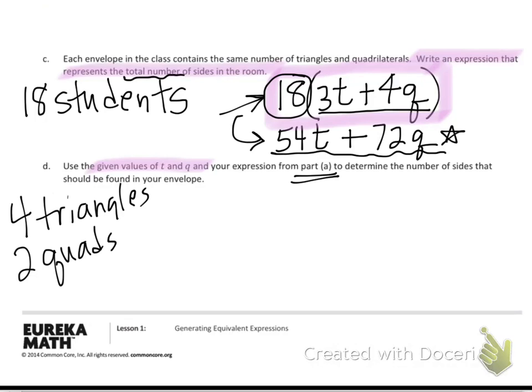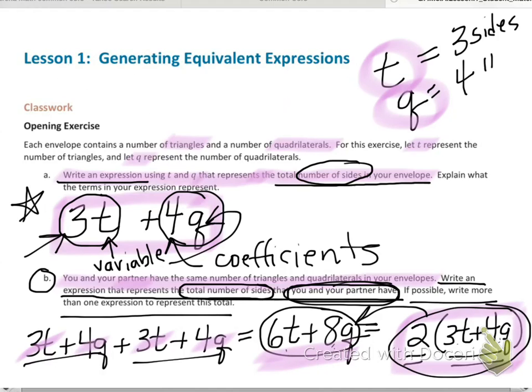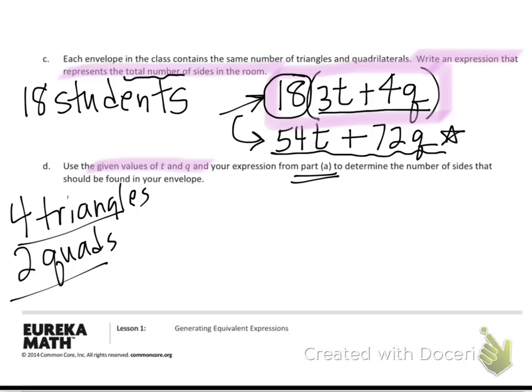Using these given values and your expression from part A, we'll go back here, and here's our expression from part A right here, 3t plus 4q. So let's remember that, 3t plus 4q. Use those to determine the number of sides that should be found in your envelope.